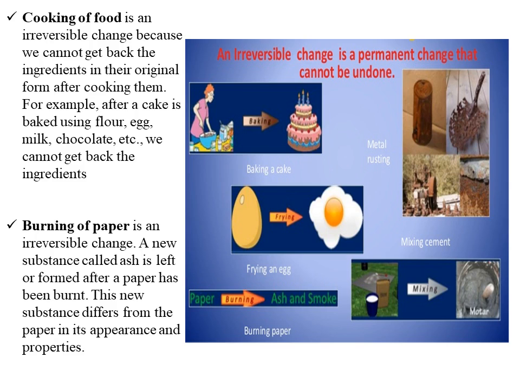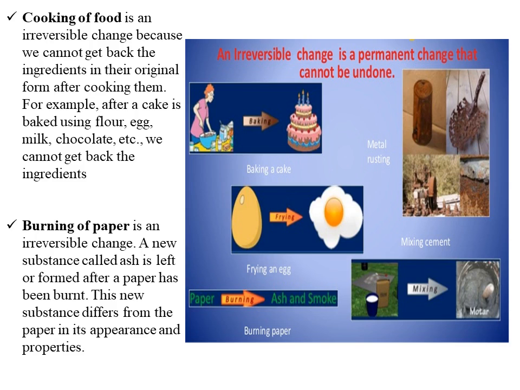Next comes another example, that is burning of paper. Burning of paper is an irreversible change, as you have already read that it is a permanent change that cannot be undone and a new substance is formed. So here burning of paper produces a substance like ash. A new substance, that is ash, is left after the paper has been burnt, and this new substance differs from the paper in its appearance and properties.